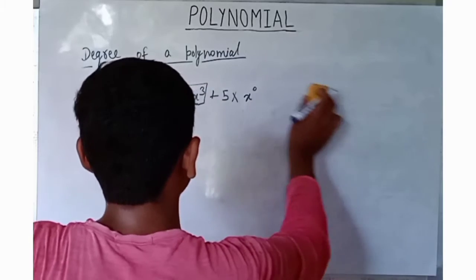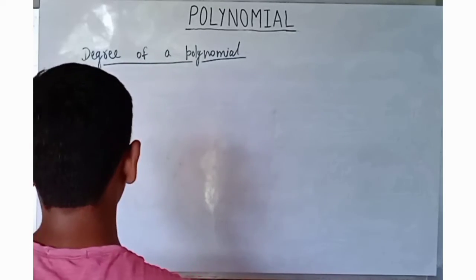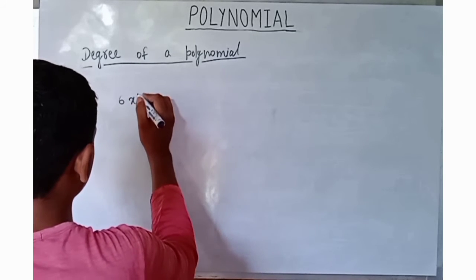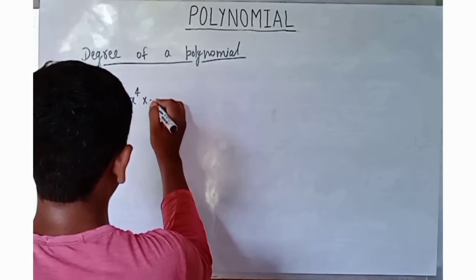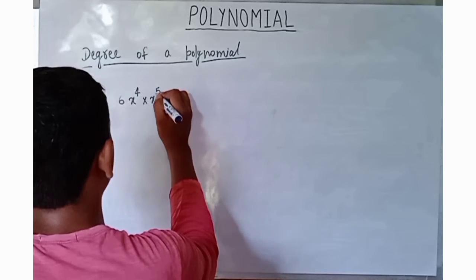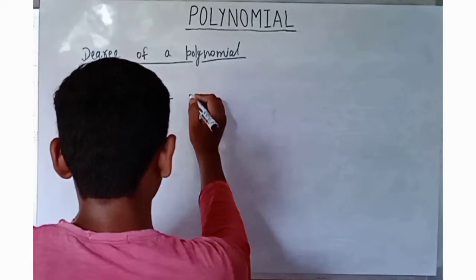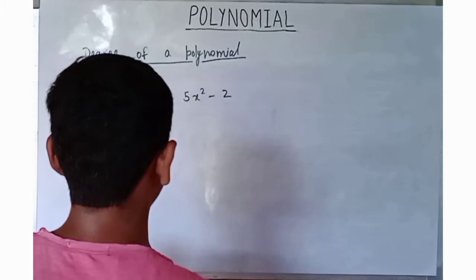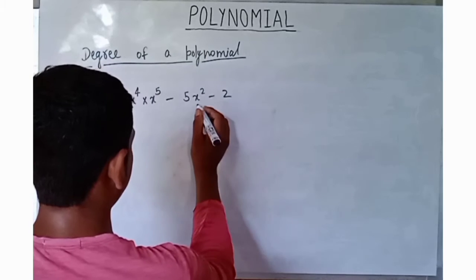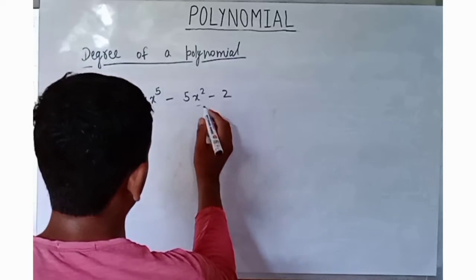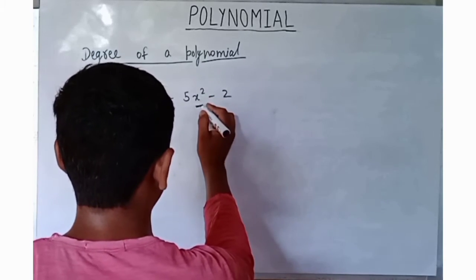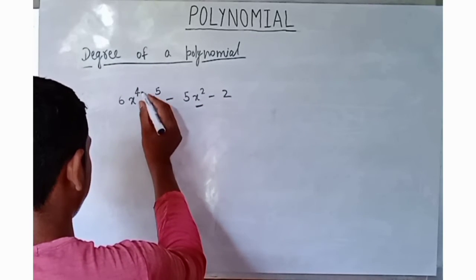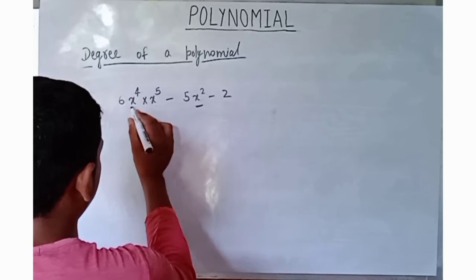Now see the next example. The next example is 6x to the power 4 into x to the power 5, minus 5x square, minus 2. If you see here, it is x square, so its power is 2, and here x to the power 4 into x to the power 5 will be multiplied.